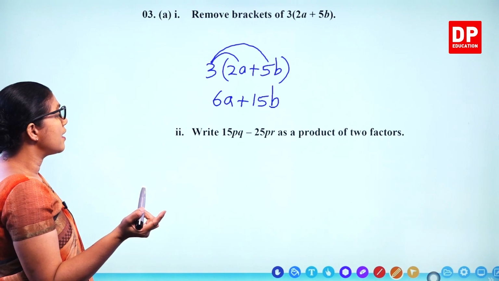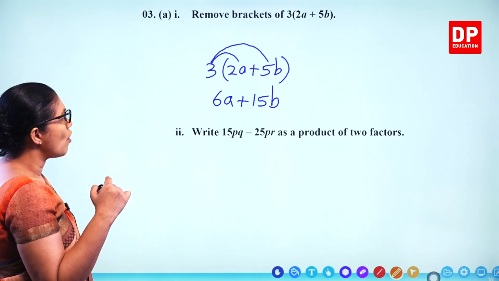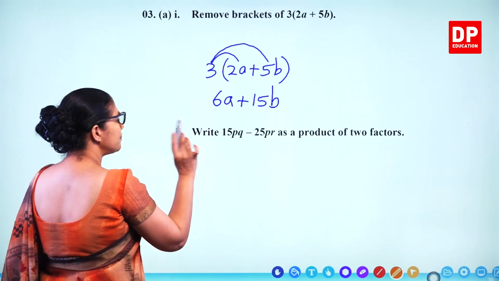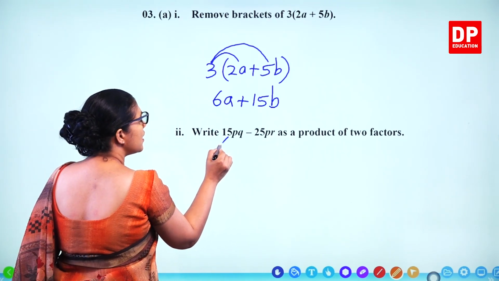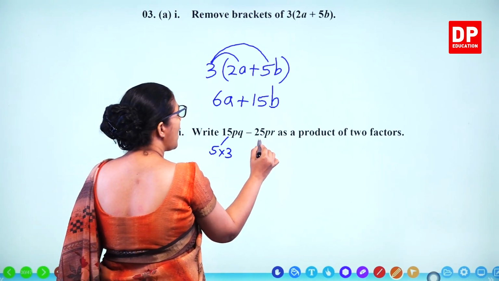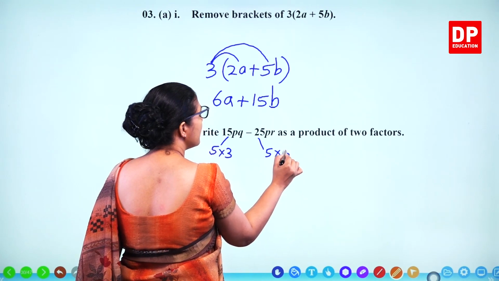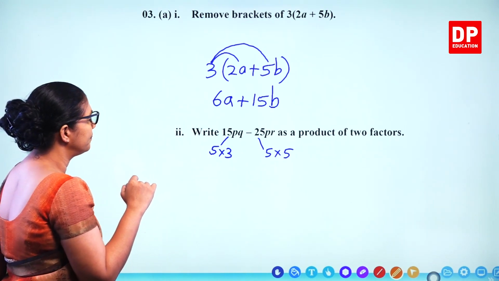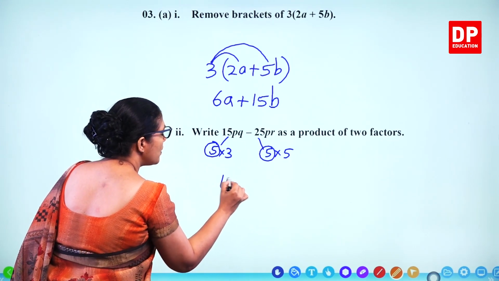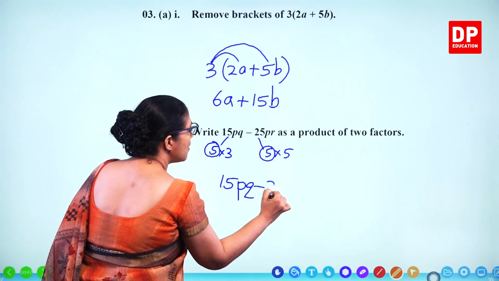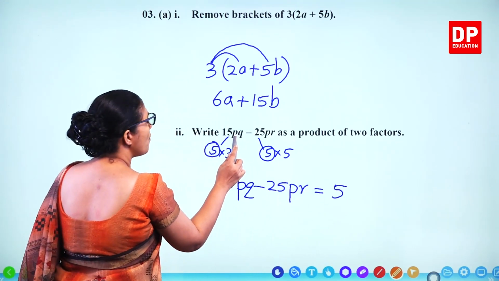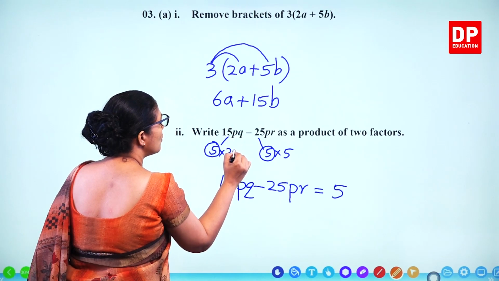Basically, they are asking to make brackets, factorization. So you have to find out the common ones. Highest common factor. 15 you can write 5 into 3. 25 you can write 5 into 5. So what's the common one? 5 is the common one. So we'll take 5, and from these two we can see p also common.